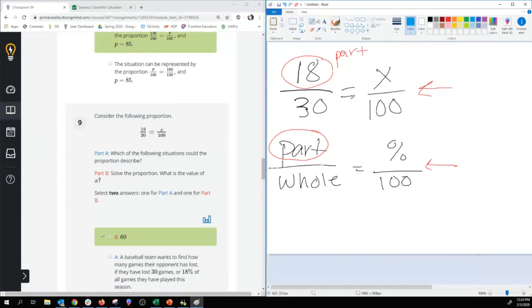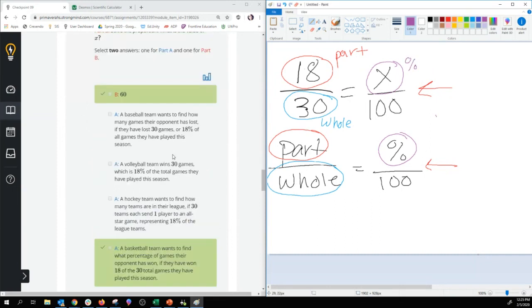So knowing that, this 30 would represent the whole. Perfect. And what is my unknown? What is my x? My x is my percent. So I don't know what my percent is.